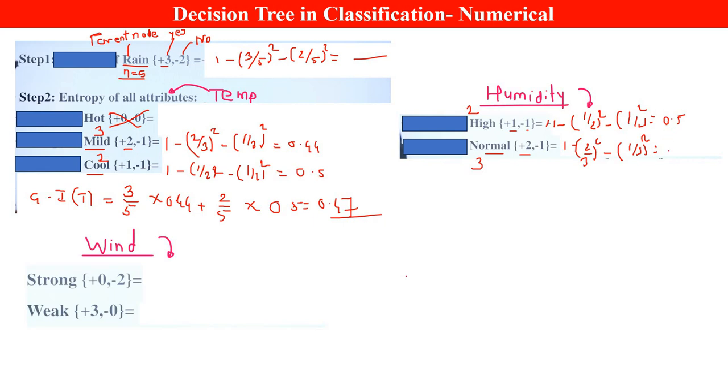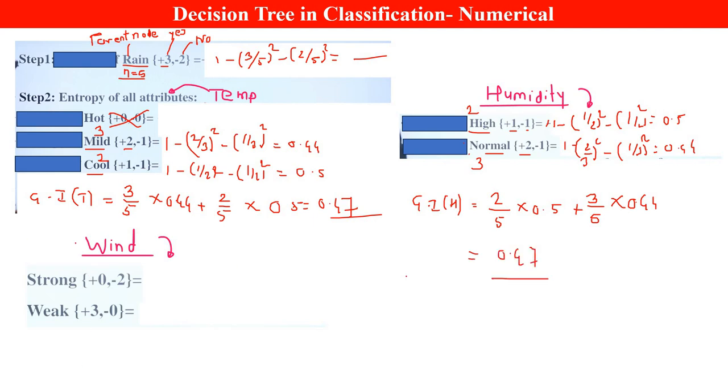So this answer comes out to be 0.44. Now what will be the GI for this humidity? So weighted average for high: 2 by 5 multiplied by GI for high, which is 0.5, plus normal is 3 times, so 3 out of 5 multiplied by 0.44. So in this case, the answer will come as 0.47.